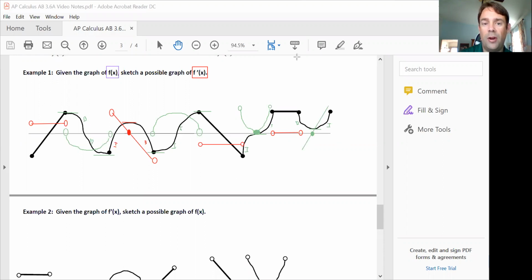And again, it doesn't matter how steep it is. Don't worry about that. Just have an idea of what's going on. So you end up getting a first derivative graph that looks like that.